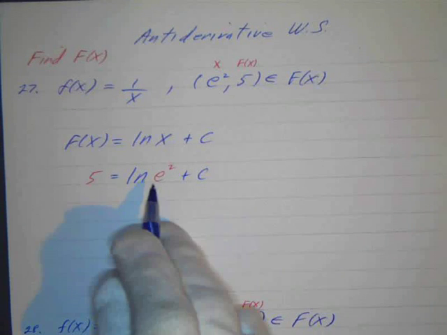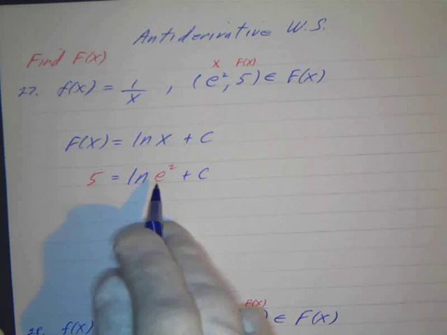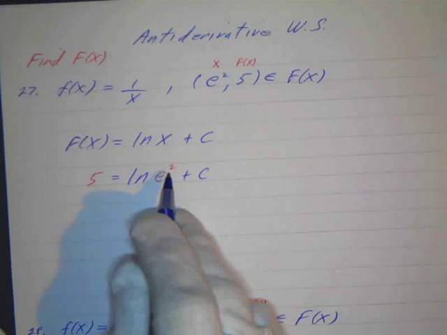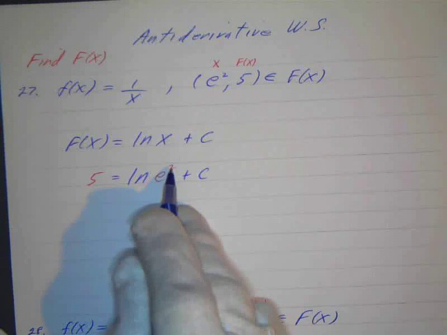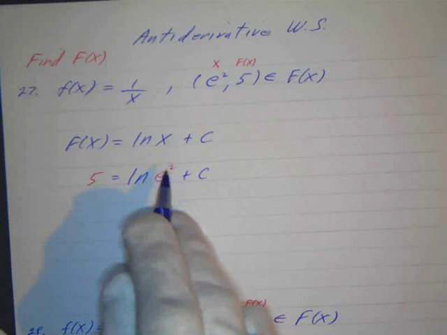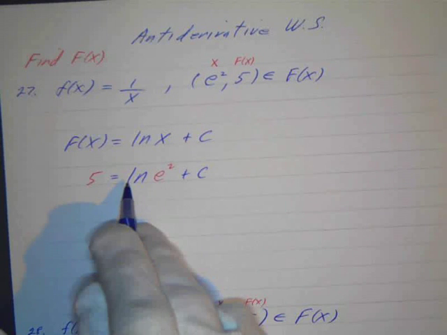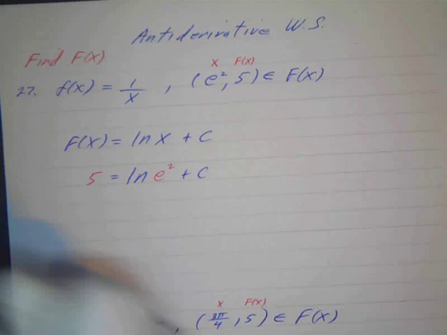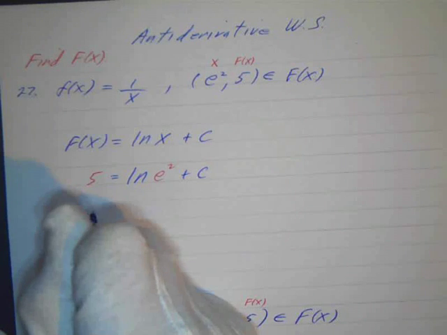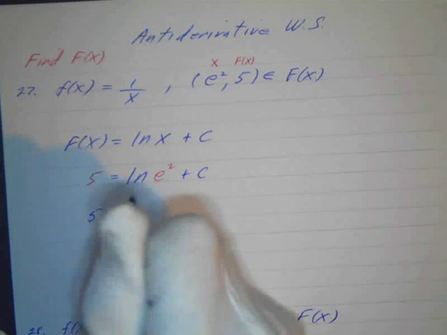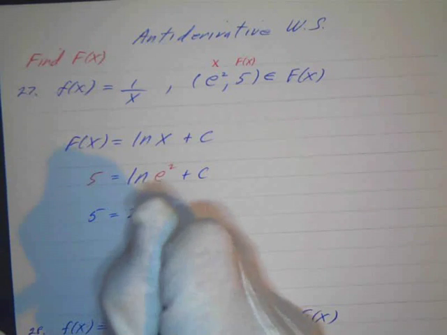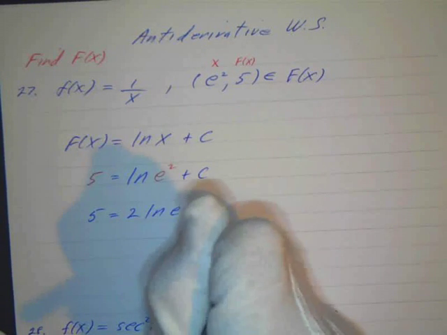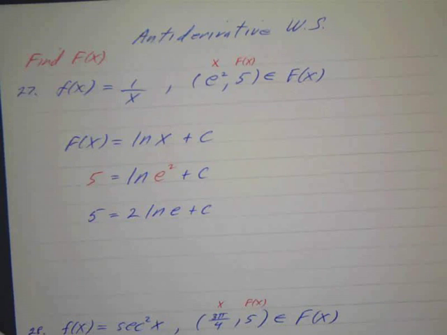Okay, but the natural log of e squared is just going to be 2 times the natural log of e. In other words, we can use our property of exponents and our property of logarithms, using that exponent property where we can bring the exponent down in front. So we can say that 5 equals 2 times the natural log of e plus c, but the natural log of e is 1.